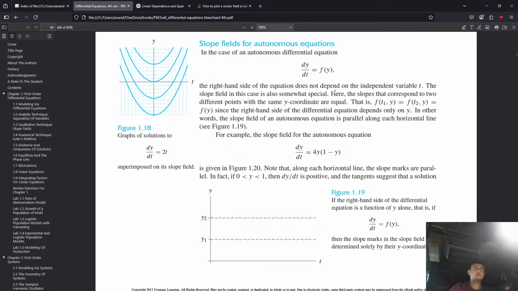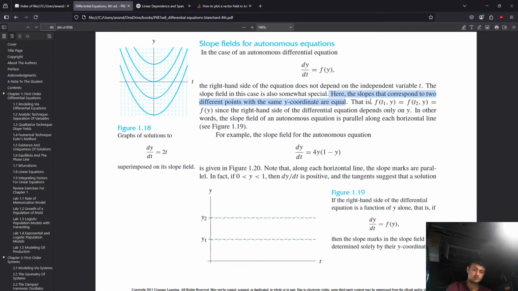Now here it's sort of the other way. The slopes that correspond to two different points with the same y coordinate in the autonomous case where y dot is equal to f of y, we have that for any 2 points with same y coordinate, the slope will be the same.